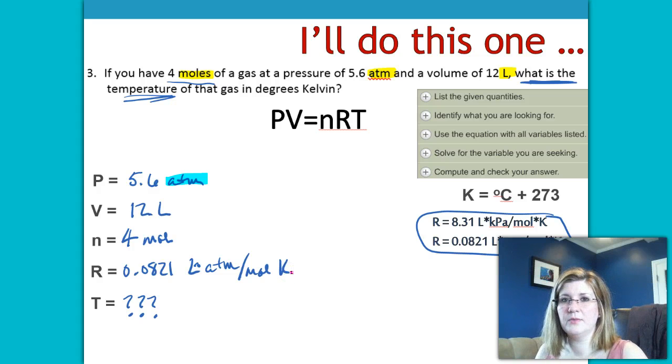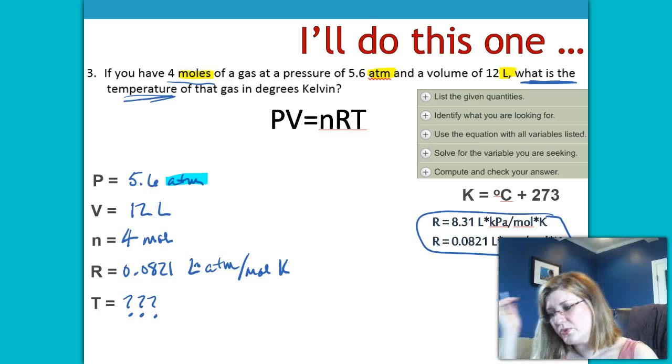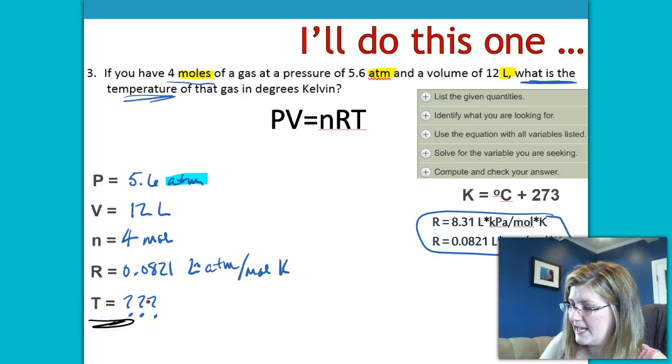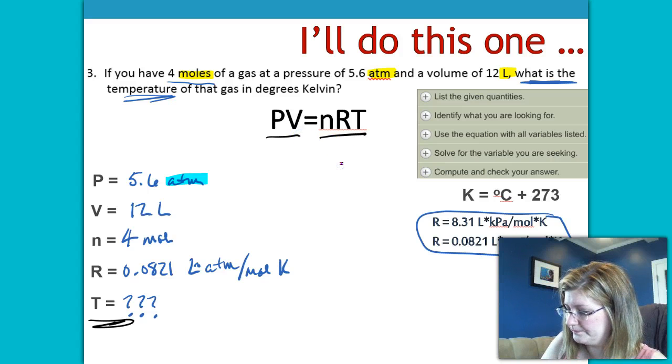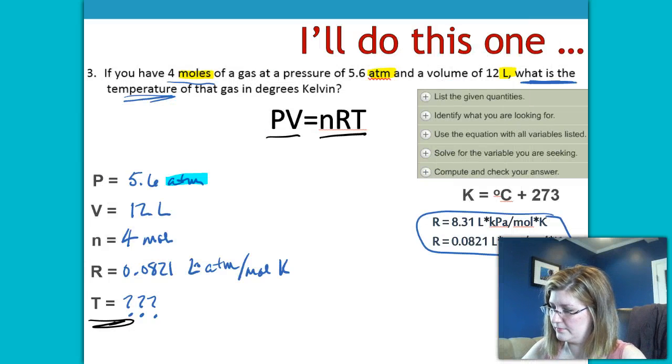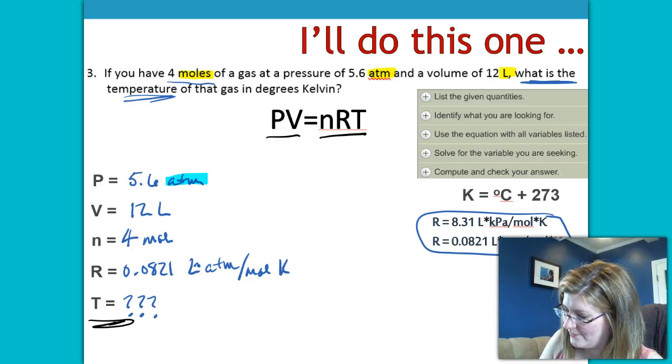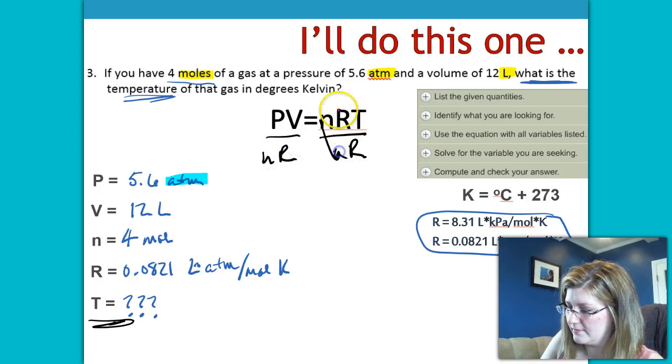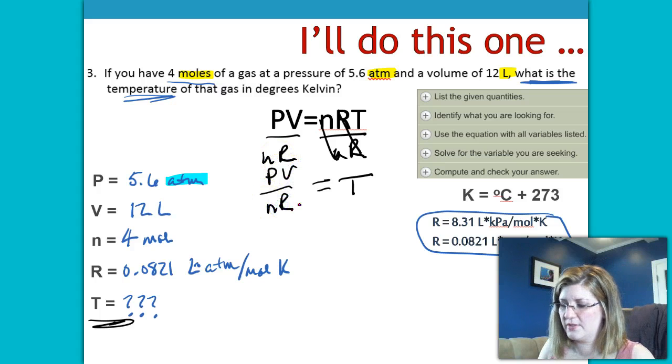Okay, now we just need to plug and chug, and as always I would recommend you rearrange your equation first to solve for what you're looking for. So here we're solving for T, and algebraically, to get T on one side by itself, it's most easy for us to divide by NR on both sides, okay, and get a new equation for T. It's going to be PV divided by NR, and now we're just substituting in.